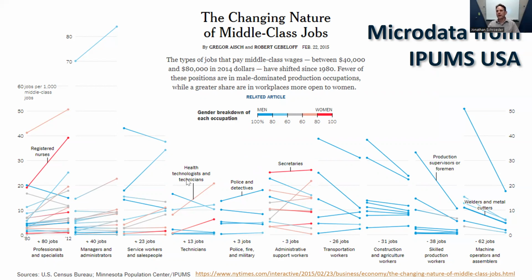Times. They were able to compare how wages have changed by job group from 1980 on this end of each line to 2014 on the far end of each line.